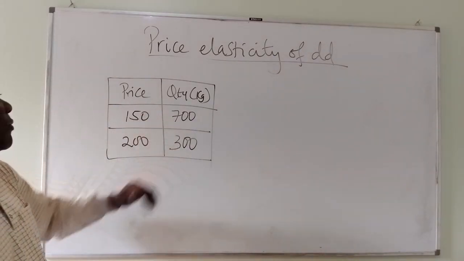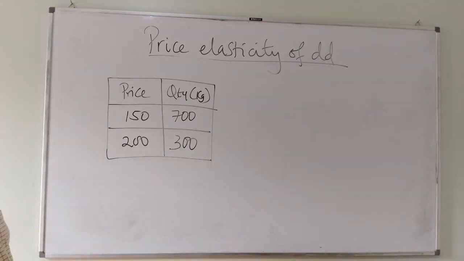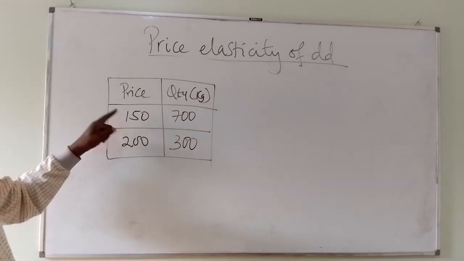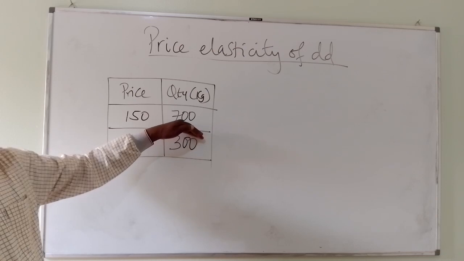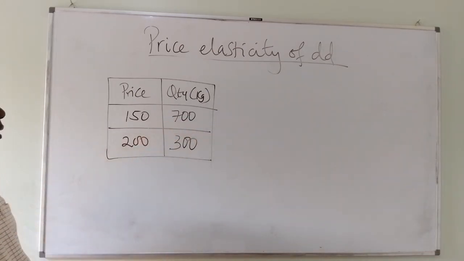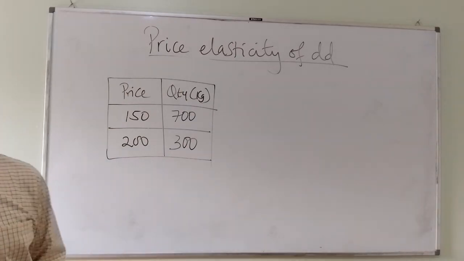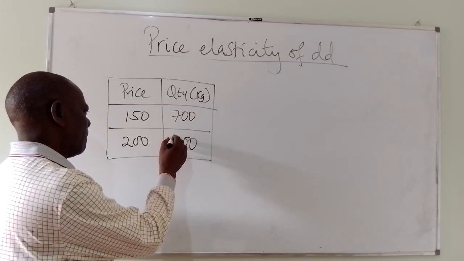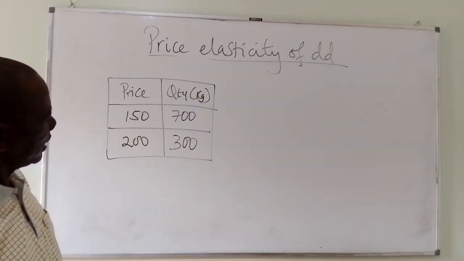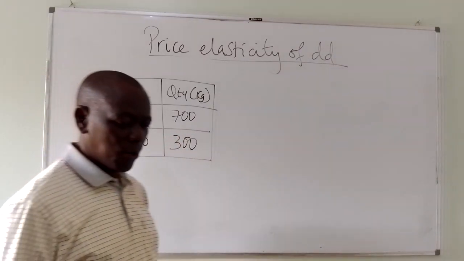And this is exactly what demand shows, and that is the law of demand. When the price was 150, the quantity demanded was 700. Then when it went to 200, the quantity demanded reduced to 300. That's what happens. So now we calculate.